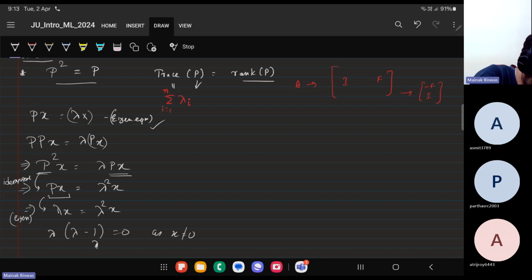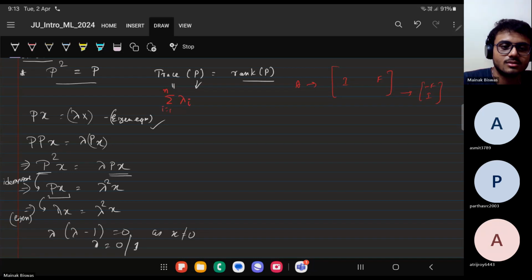Right? That is, lambda is 0 or 1. Correct?